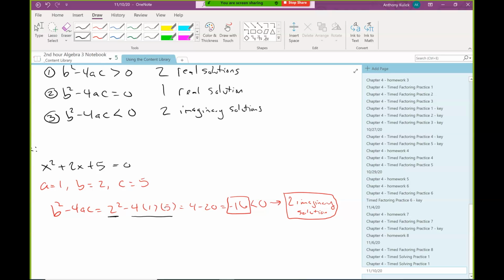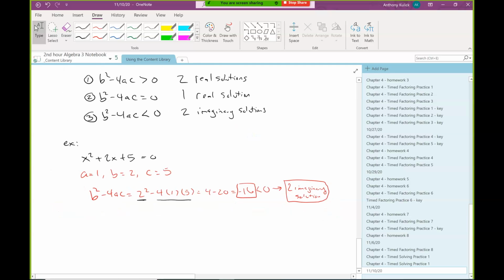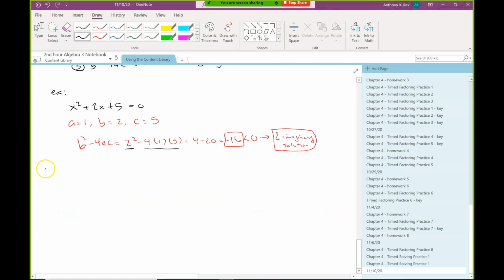Is everybody okay, though, on how I can use this little calculation to make that determination? It's pretty easy, right? You just plug the values into the formula and then interpret it. The other thing that the discriminant can tell us that's even better than that is whether the quadratic is factorable.